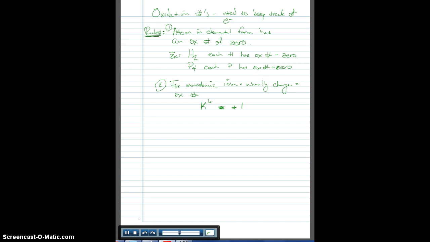And you might remember way back in regular chemistry when we started talking about charges on ions, we said we always write them with the number first and then the charge. Well, this is the reason why. Because this means charge, where this means oxidation number, is 2 different things. Sulfide would obviously have a -2 charge. Okay?